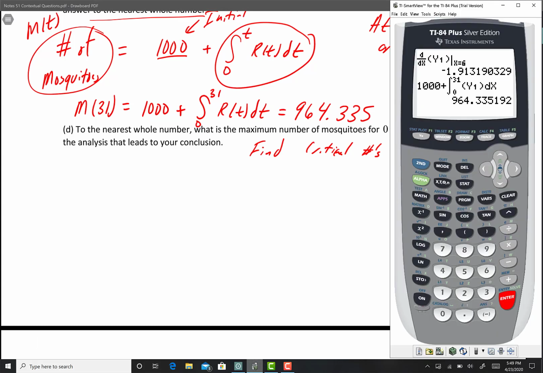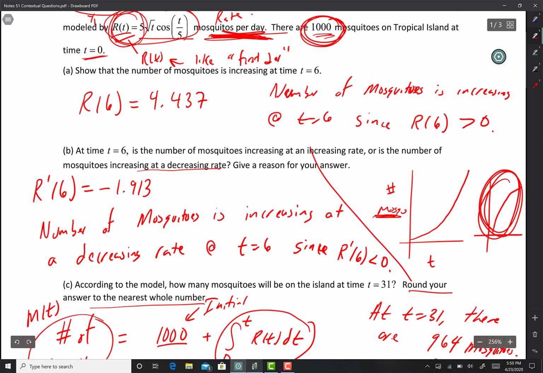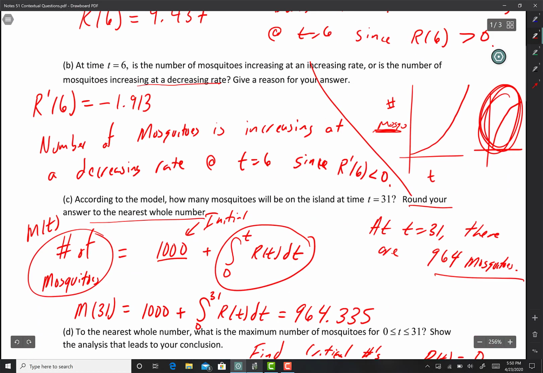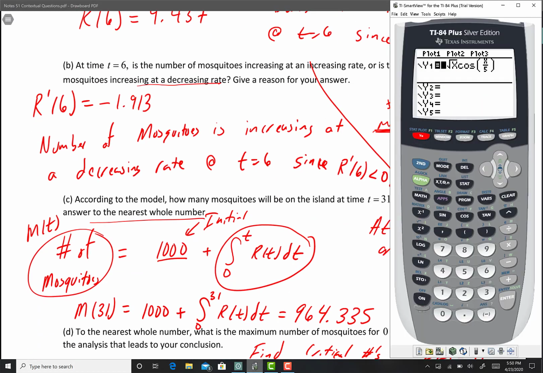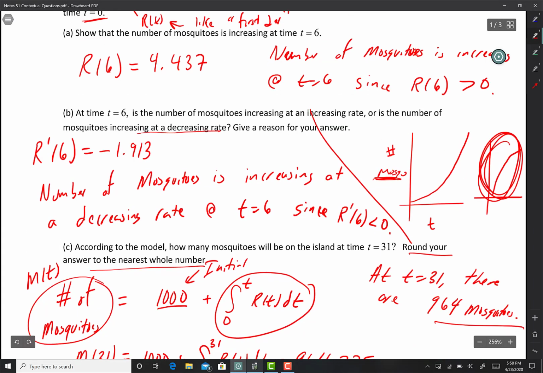So here it is in my calculator. I already have Y equals 5 square root of x cosine of t over 5. I'm going to go to window. I'm going to go 0 for x min and 31 for x max. I just care about where I go from positive to negative. So I'm going to try and hover around the x-axis, negative 5 to 5, because I know R of 6 is 4.43.